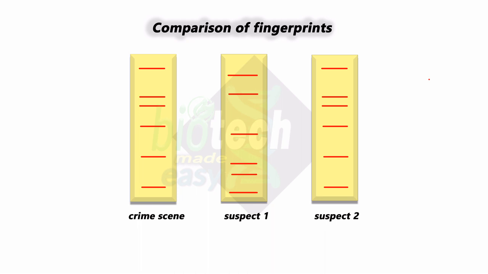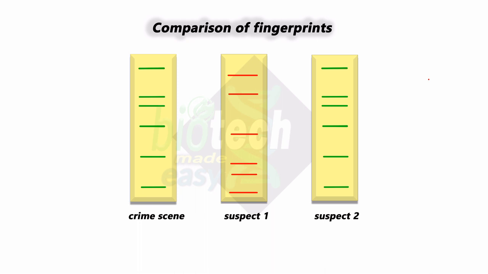When you compare the bands, you can clearly see that the bands of suspect 2 are similar to the one found from the crime scene. See the green color bands here? They are similar. So it can be concluded that suspect 2 was present at the time of the crime. So that's how DNA fingerprinting helps to match the DNA and find out the suspect.